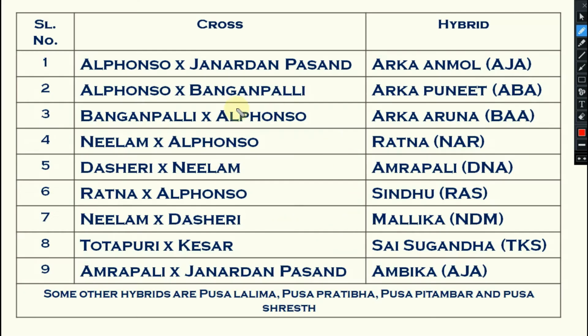So as you can see, I have listed 9 important varieties and one by one we will discuss. Here you see there are some code words like AJA, ABA, BAA, NAR, DNA, RAS, NDM. So what is the meaning, try to understand first. Here you can see AJA.